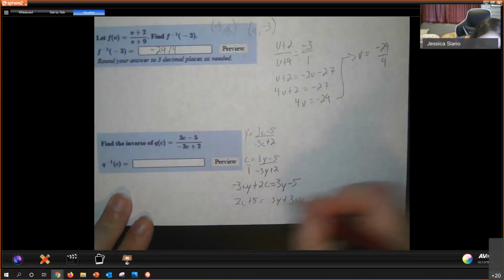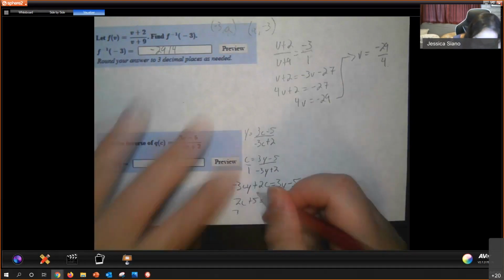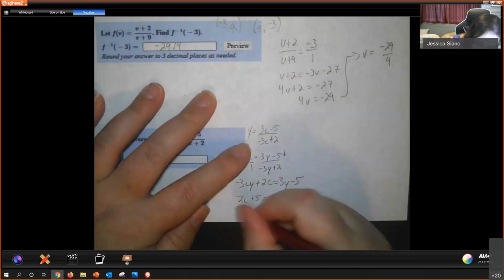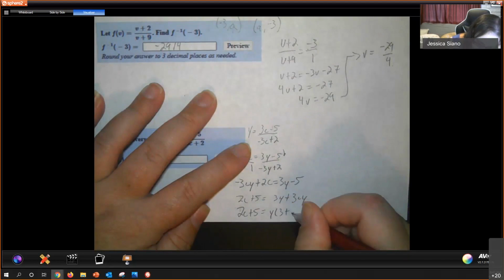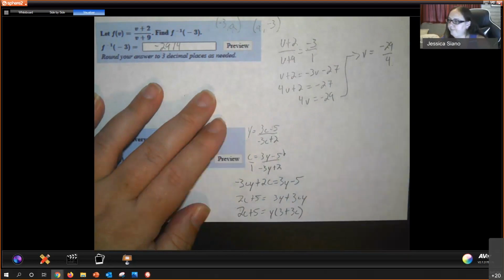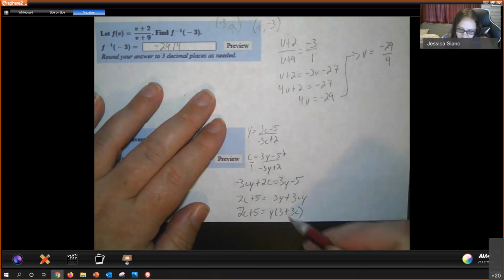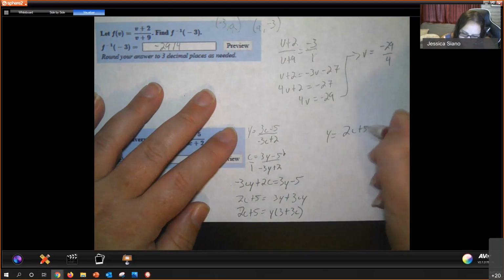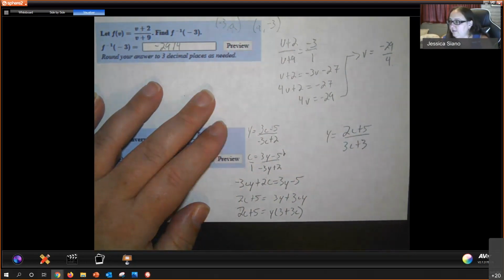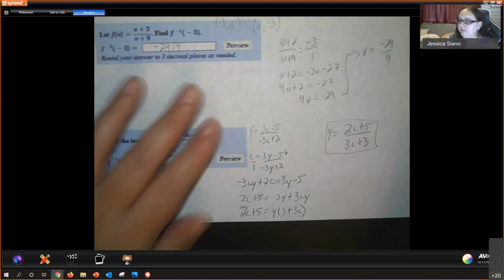Now here I can GCF out my Y because remember the idea here is to solve for Y. And then I'm just going to divide both sides by this. So then Y equals 2C plus 5 over 3C plus 3. And that's going to be my inverse.